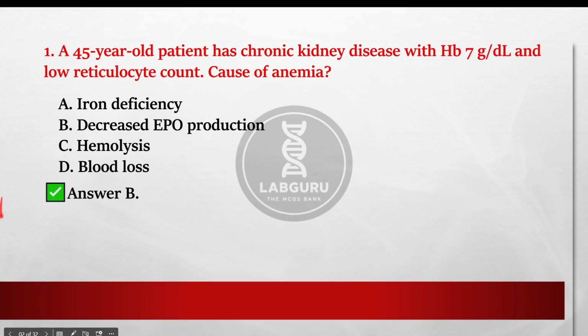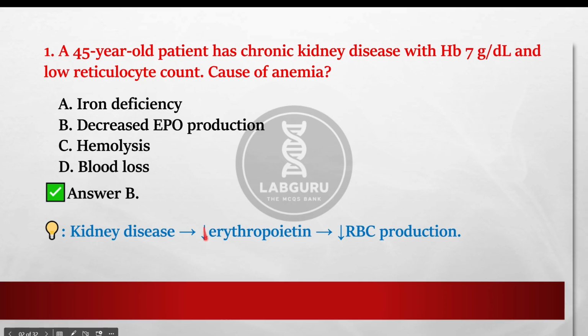Here, the most probable right answer will be option B, that is decreased EPO production. As we know, EPO, erythropoietin, stimulates the production of RBC and it is produced by the kidney. As this patient has chronic kidney disease, that might be the reason for the anemia.